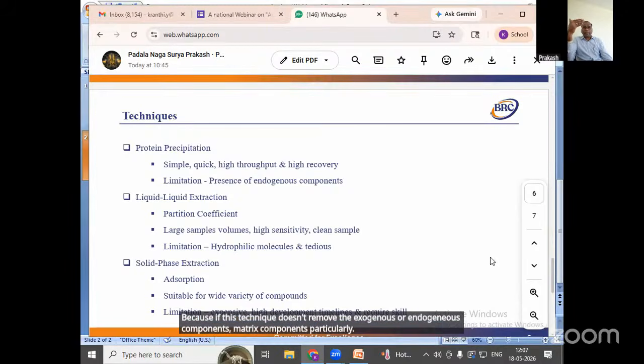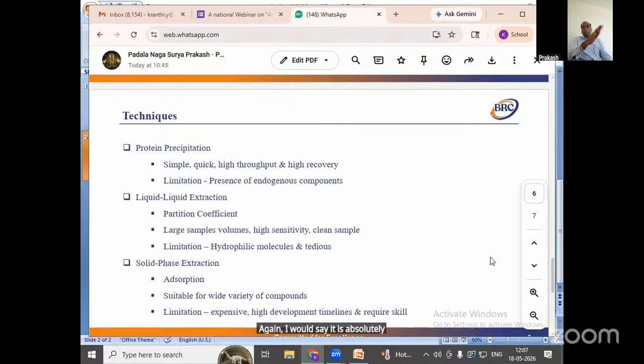So obviously they can interfere during analysis, particularly during the ionization process of the mass spectrometer. It can interfere with the molecule of interest. But again, I would say it is absolutely possible to overcome that as well by adapting the elution technology.